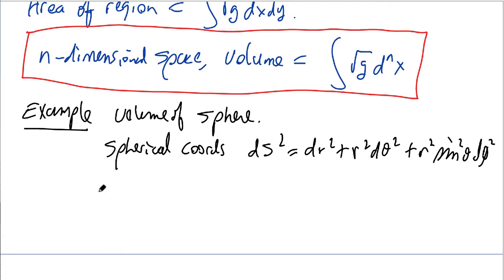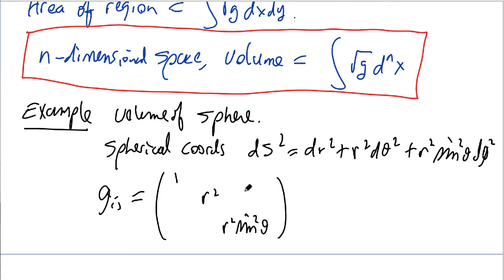Right, so the determinant of the metric, well, the metric, let's go ahead and write it. It's 1, r squared, and r squared sine squared theta along the diagonals, 0 everywhere else. So the determinant of the metric is just the product of the diagonals. So that would be r to the fourth times sine squared of theta.